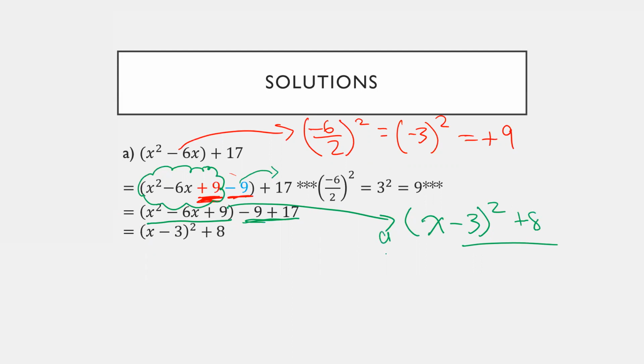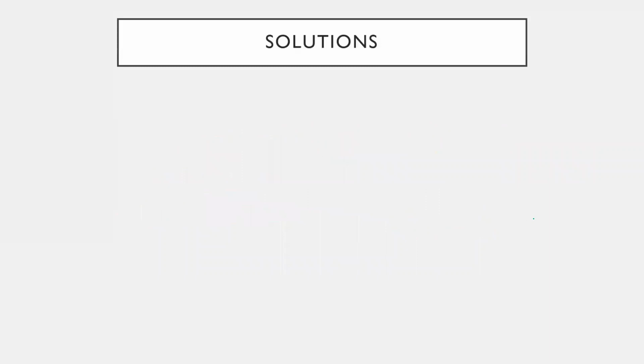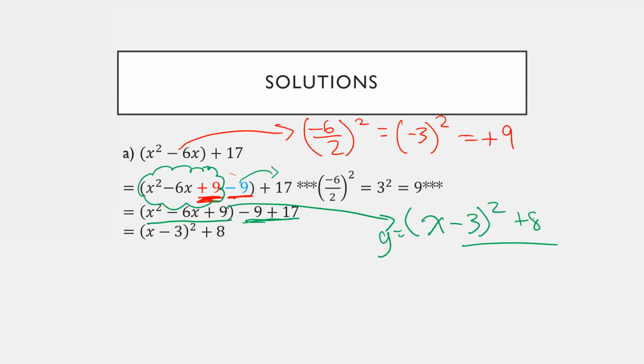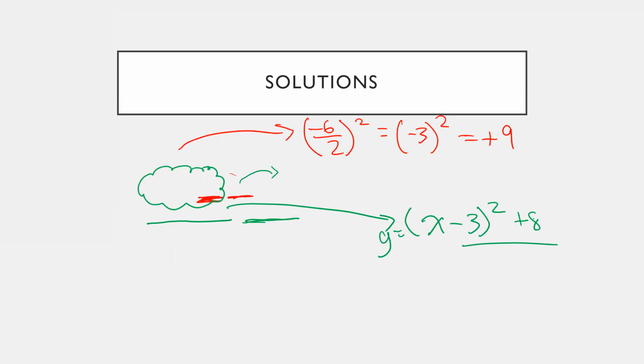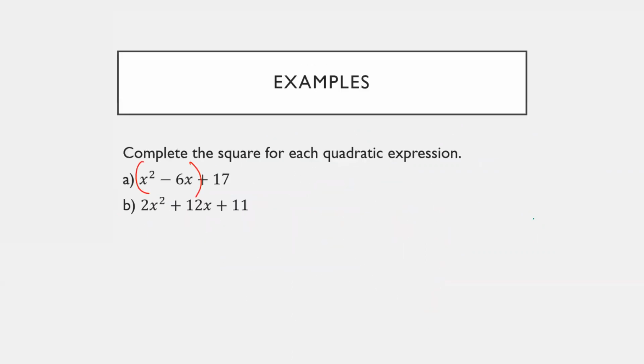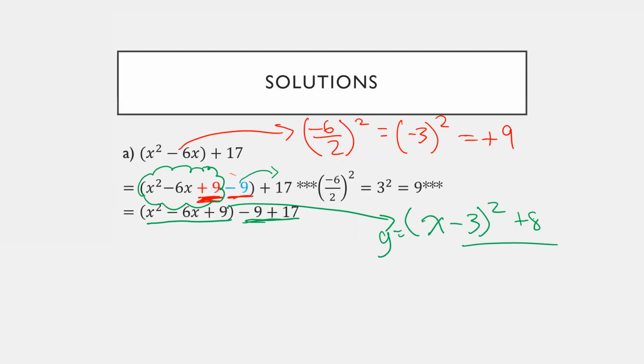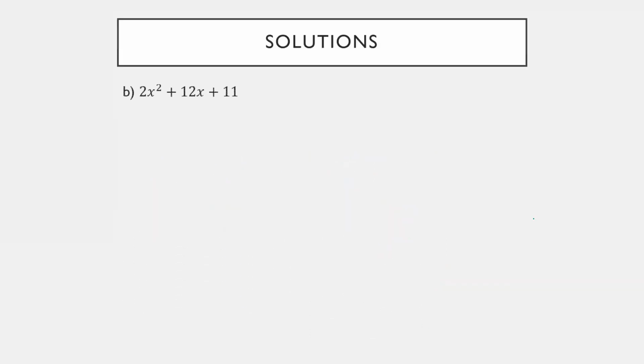So I basically factor this as a binomial squared plus a constant, which we hopefully recognize as vertex form. And there is our vertex form of that quadratic expression.